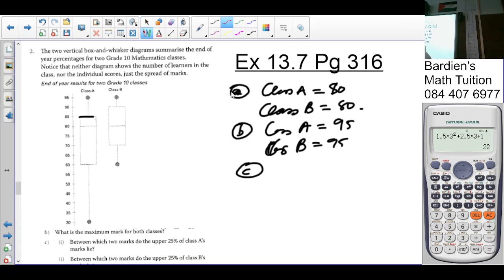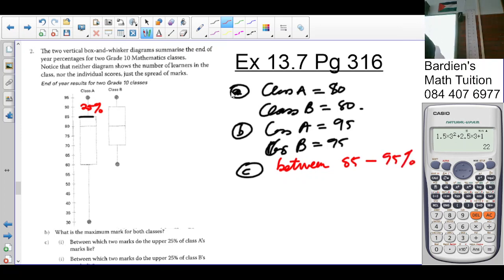They say between which two marks does the upper 25%? I'm looking at quartile 3, that's my mistake. This is what they're talking about. Oh, sorry. It's between 85 to 90. There we go, that makes sense.